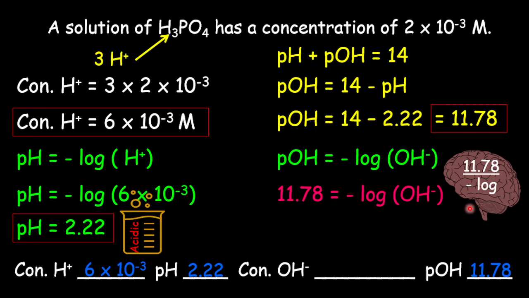Now, to plug this in a calculator, the minus log is really an inverse of the 11.78. So the way the calculator will read this, you have to put in your inverse log first. So you press your shift button and your log, and the inverse is actually 10 to whatever value.